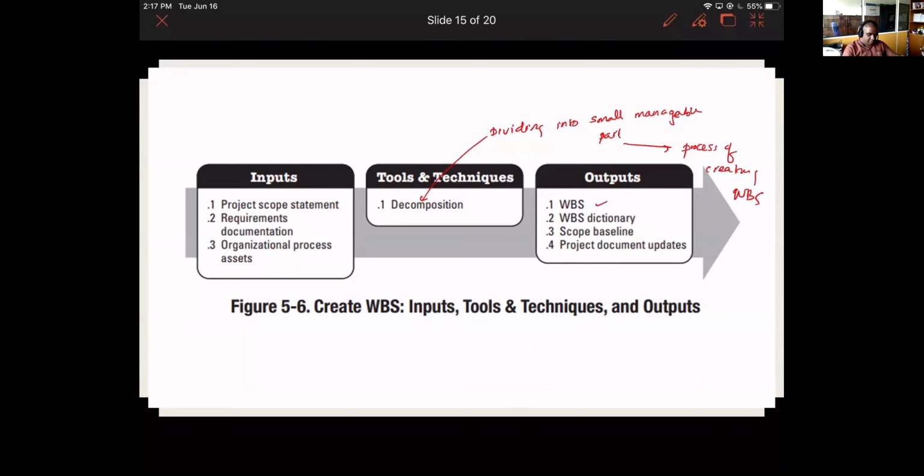So the WBS dictionary is basically the explanation of the items if needed. Scope baseline. So exactly what you need to do. Baseline, the concept of baseline you have discussed with MS Project. We will discuss it in time planning in the next section, and project documents updates with that.